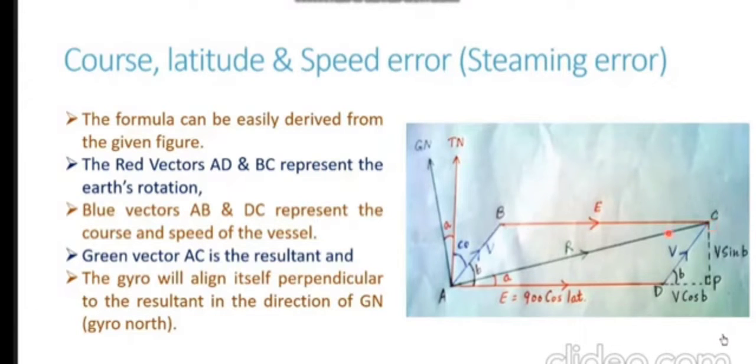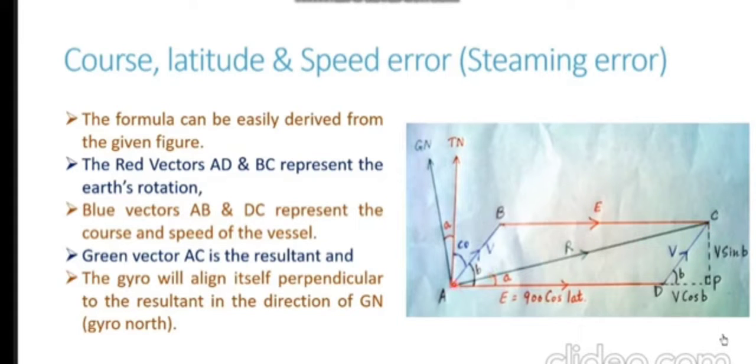Since now it is being carried in the direction AC, the gyro obviously doesn't know whether it is on a moving ship or on Earth. The principle or the arrangement which we have made will make the gyro point in a direction perpendicular to the direction where it is being taken. So it is being taken in the direction of AC.